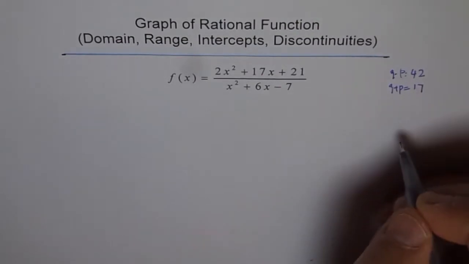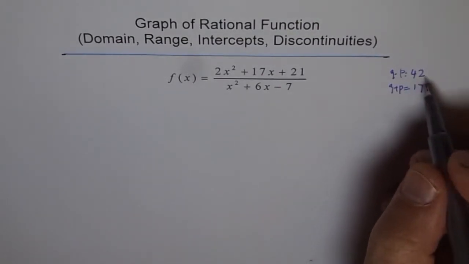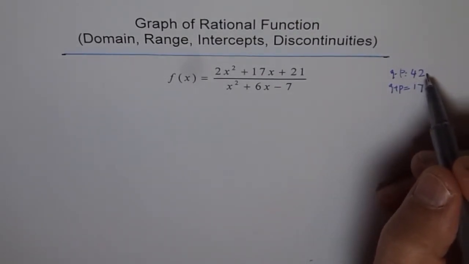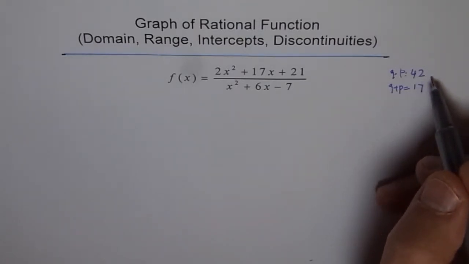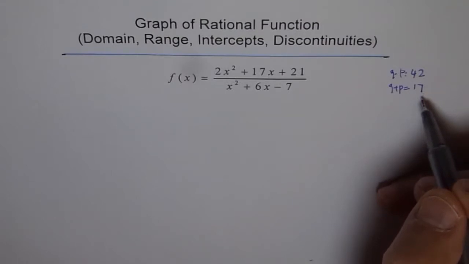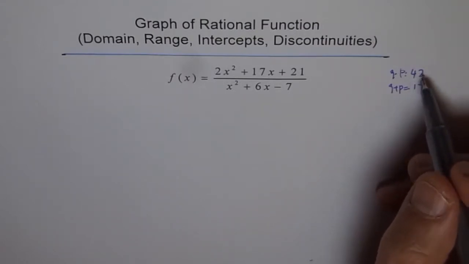So the two numbers could be, you can try numbers, 6 times 7 gives you 42, but 6 plus 7 is 13, not 17. So that really doesn't match.